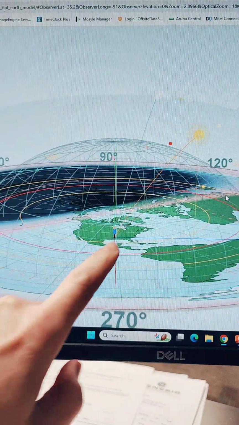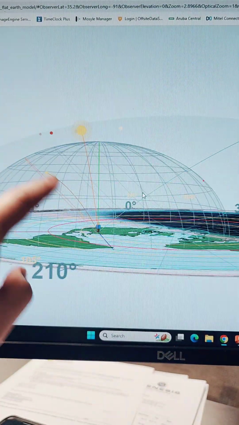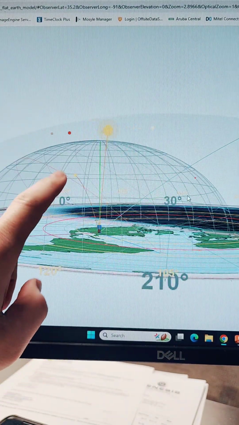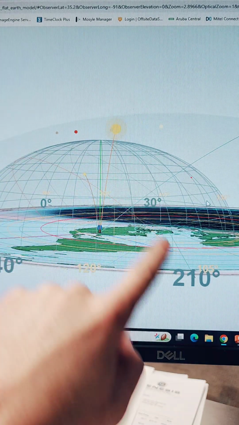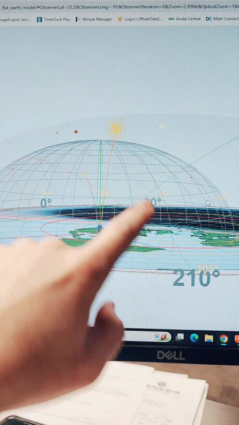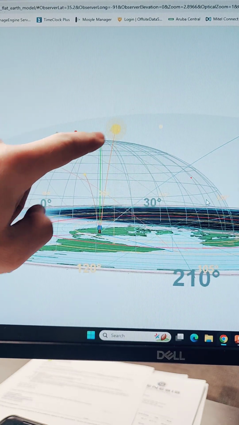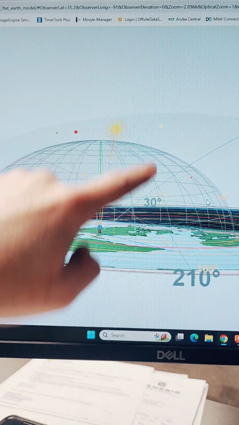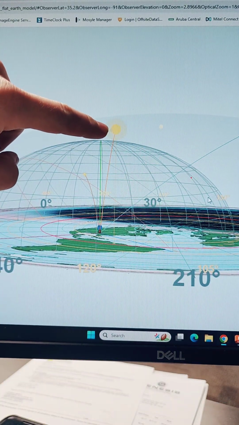So the problem is this: all of this, the sun's azimuthal position and elevation now is on this flat earth, but it's matching the globe. Undeniable. But its real position is up here, with not being able to have in any capacity a way to verify that it's up there.